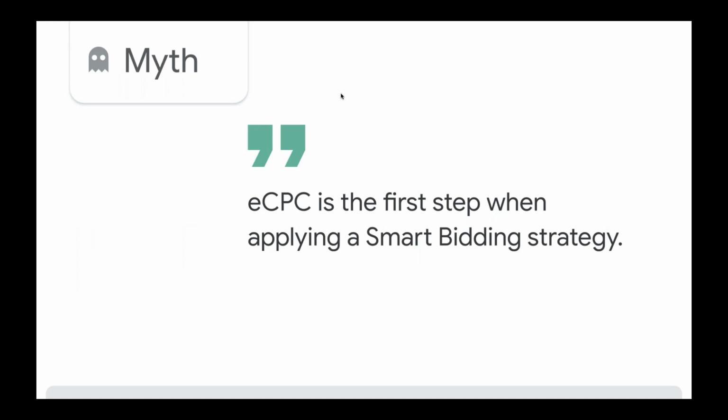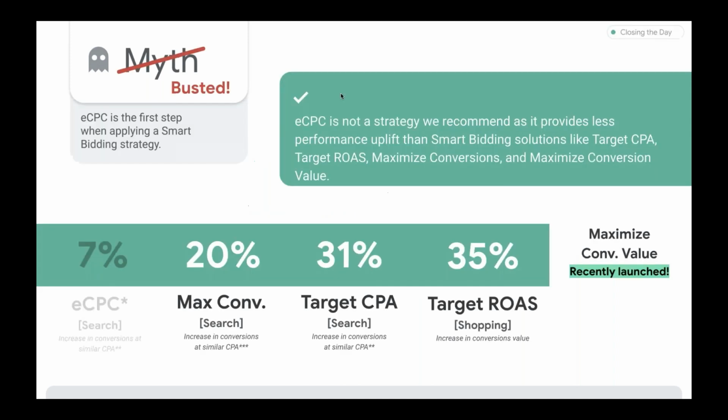It only optimizes 50% of your traffic, so you don't have to start with it. You can see here in the quick summary of average performance, you can start with maximize conversions, for example, and usually get a 20% higher uplift in the number of conversions for the same cost per acquisition than you have on CPC.